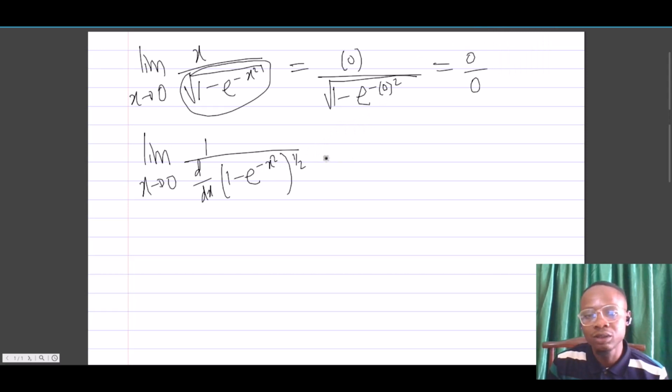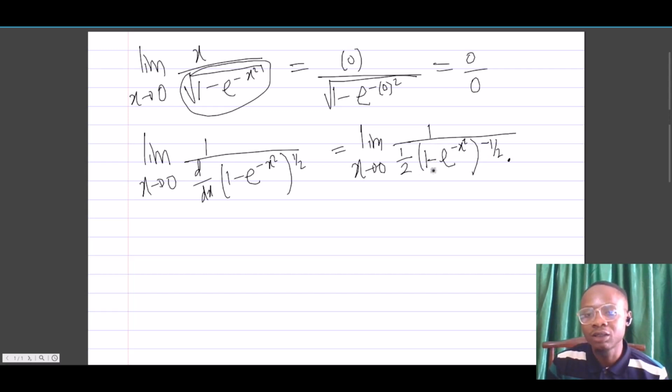This is going to give us the limit as x approaches 0 of 1 divided by, for this derivative, we differentiate with respect to the core, bring 1 over 2 down, and that will give us 1 over 2 into 1 minus e to the power minus x squared, then to the power minus 1 over 2, then multiply by the derivative of what we have inside here.